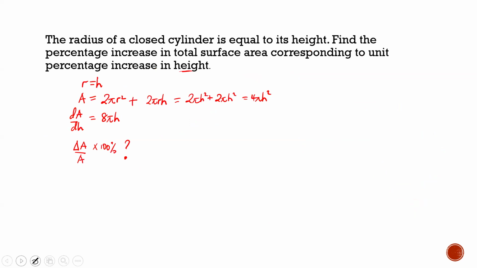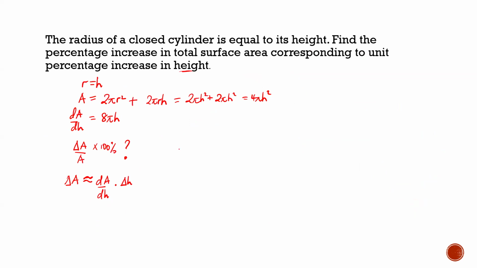And so to get delta A, we're going to do a similar thing. Delta A will be approximately dA/dh times delta h. Of course, that's dA/dh at a certain point.